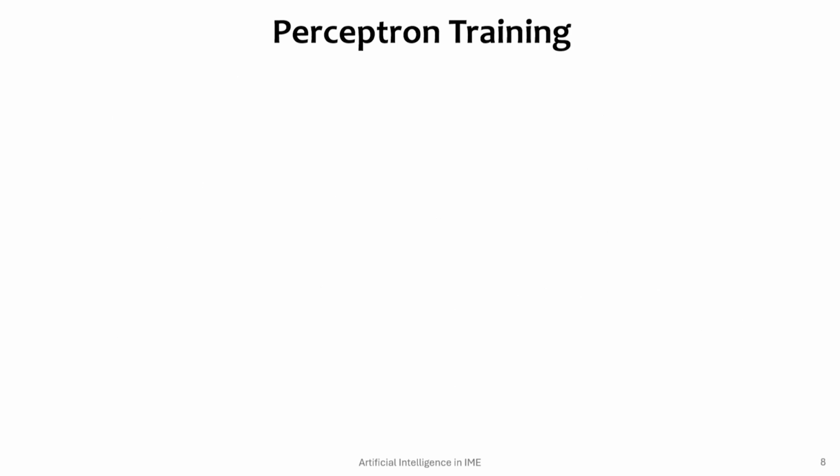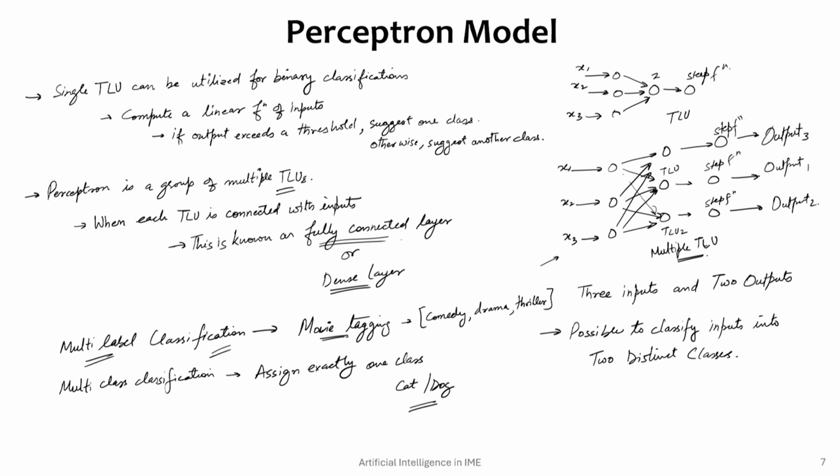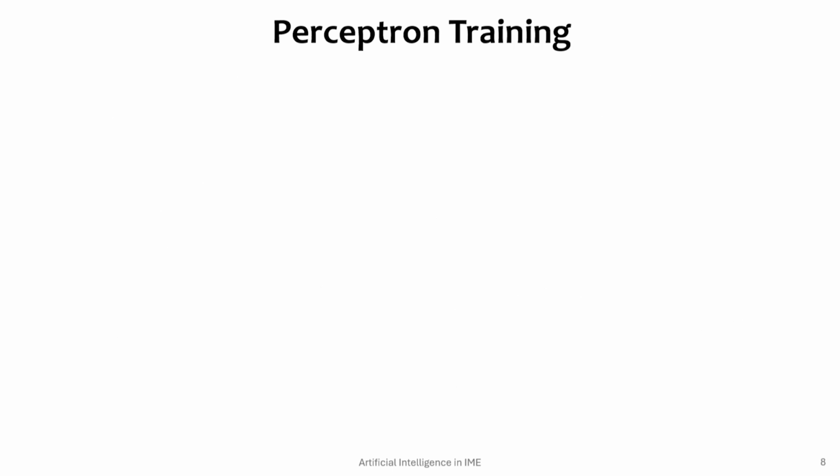Now we understood what a perceptron model is. Now we need to understand how we are going to train these kinds of models. Perceptron training is based on Hebbian learning, and this Hebbian learning inspired the training of perceptron algorithms.